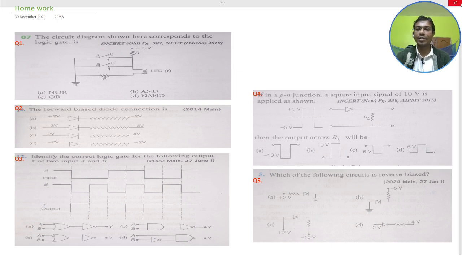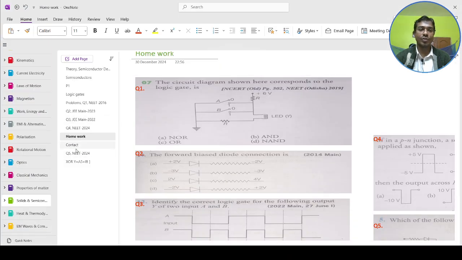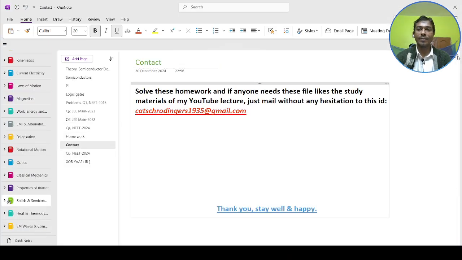I think you should take a screenshot of this homework, and today finally we covered the 10 important problems in these chapters, Semiconductor Devices and Solids. One question is missing, so we covered here 9 questions. I think after solving these questions you can go through all the problems in this chapter. So last but not the least, the contact section, solve this homework.